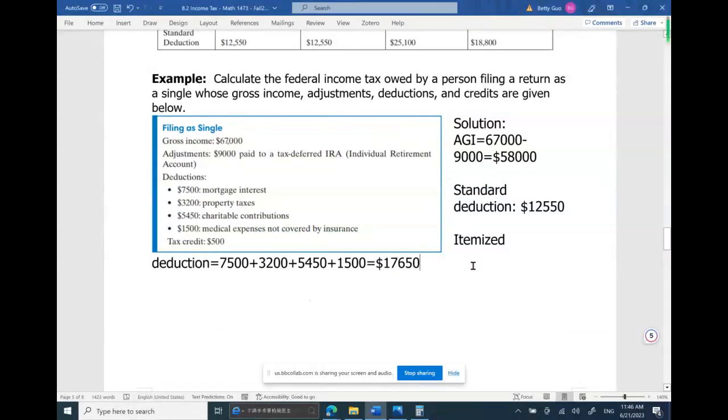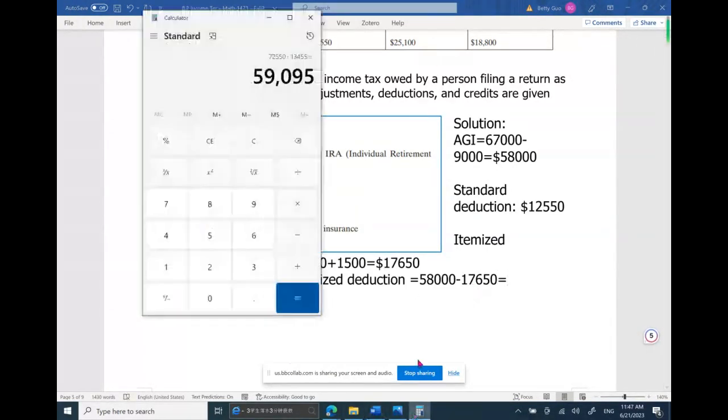That's the itemized deduction. Obviously for this person, itemized deduction goes beyond standard deduction. So the taxable income would be the AGI minus the itemized deduction. In his case, AGI is 58,000, minus the itemized deduction 17,650.